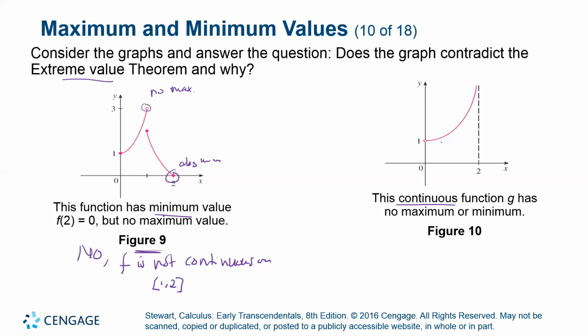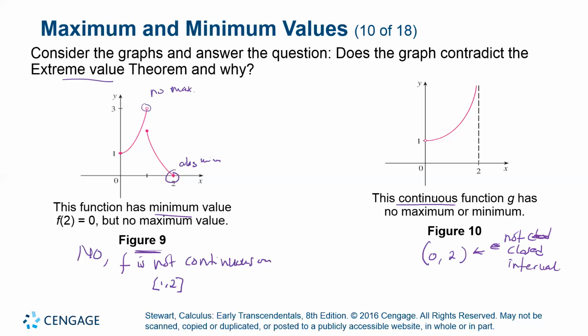This is defined over the interval from 0 to 2, not inclusive, so it's parentheses. So the point is that this interval is not closed. It's not a closed interval.